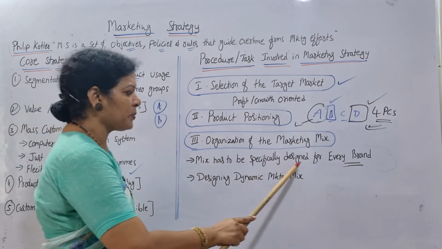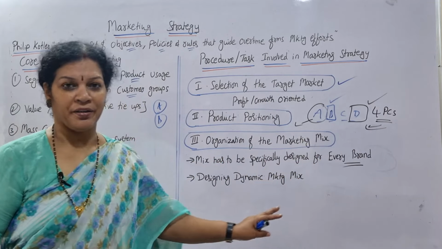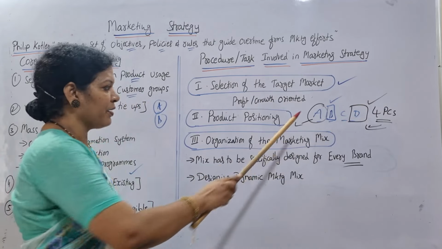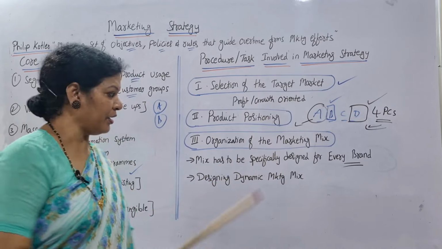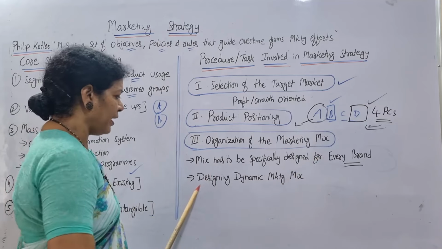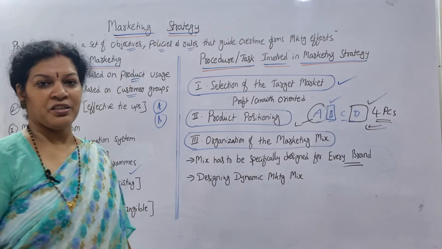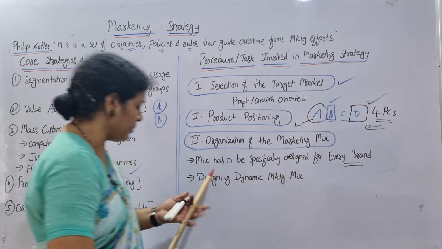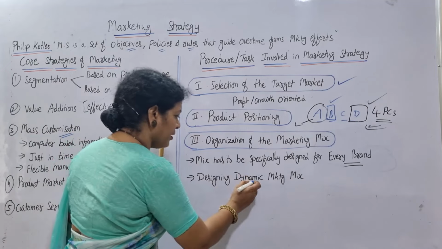The mix has to be specifically designed for every brand. For this brand I'll plan the 4 P's differently. For product A I'll plan differently. So this has to be specifically designed for every product. And designing a dynamic marketing strategy. Whatever 4 P's you are designing must be designed dynamically.